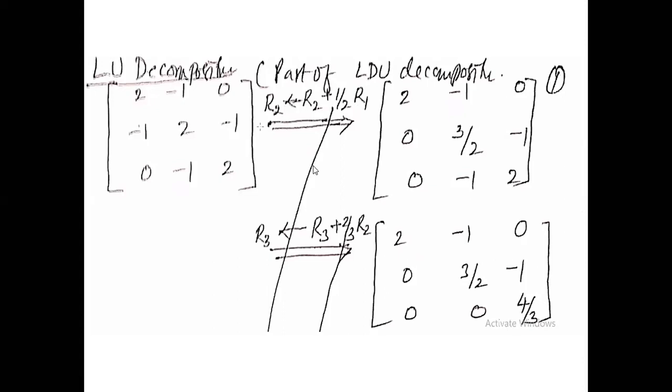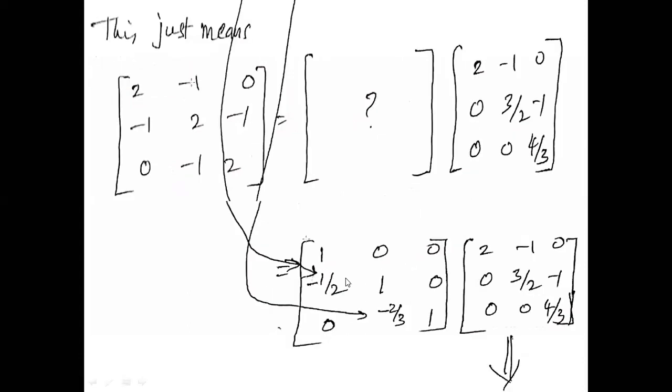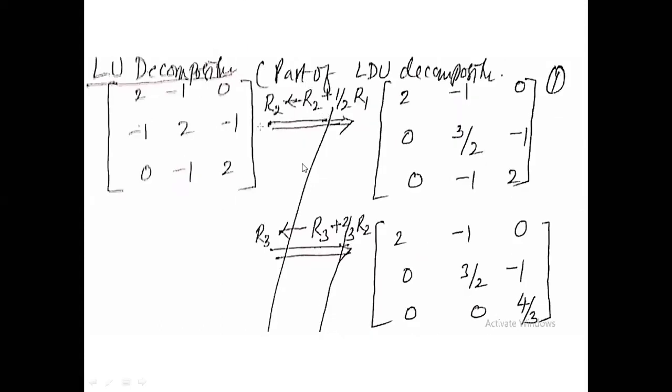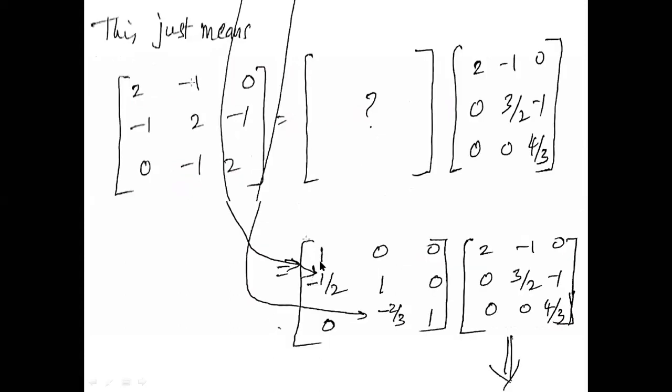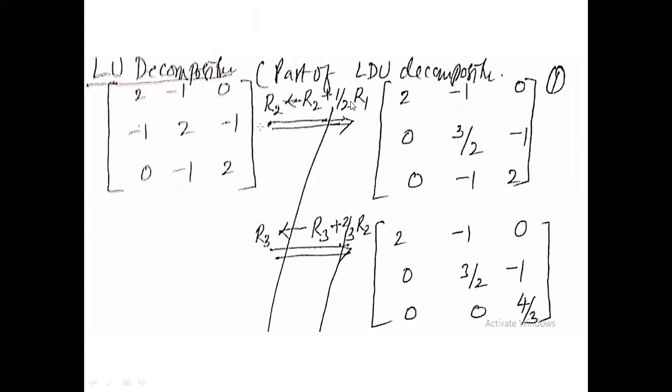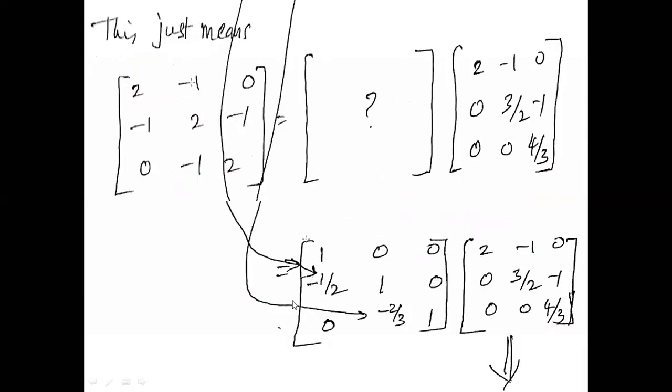So if I go back to this matrix again, I had done R2 equal to R2 plus half R1 on row 2. So I take that factor half. Okay, because this will be R2 minus half R1, I place minus half as the first factor on row 2.